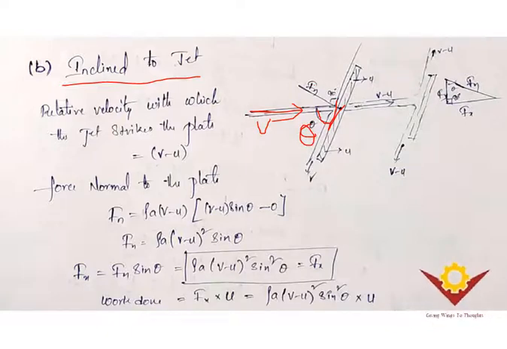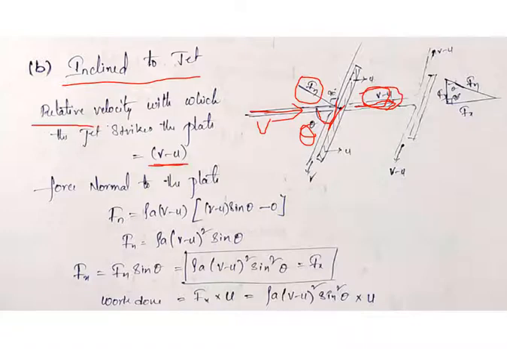And now this is your normal force. We already saw this in the previous session for the stationary plate, the normal force. And it will move with the velocity v minus u, which is a relative velocity. Here you can see relative velocity.